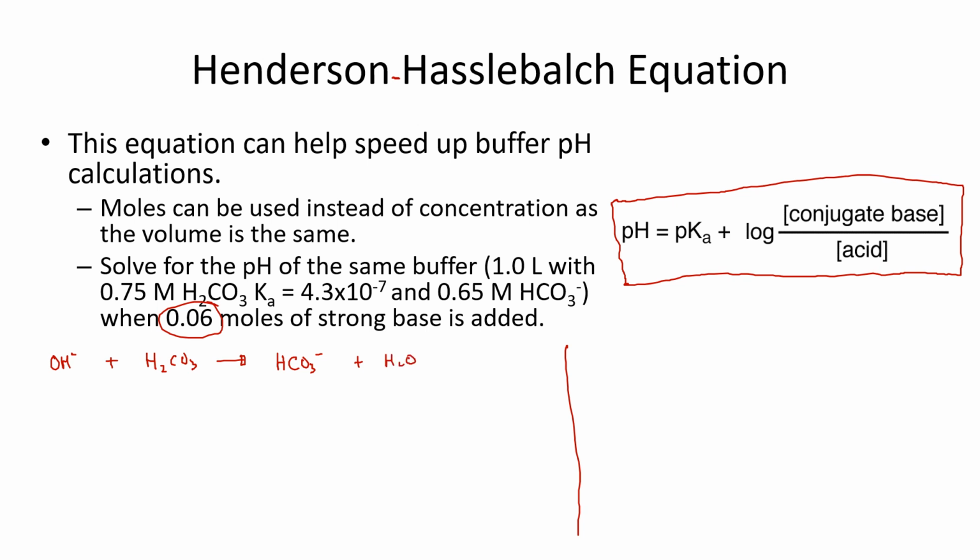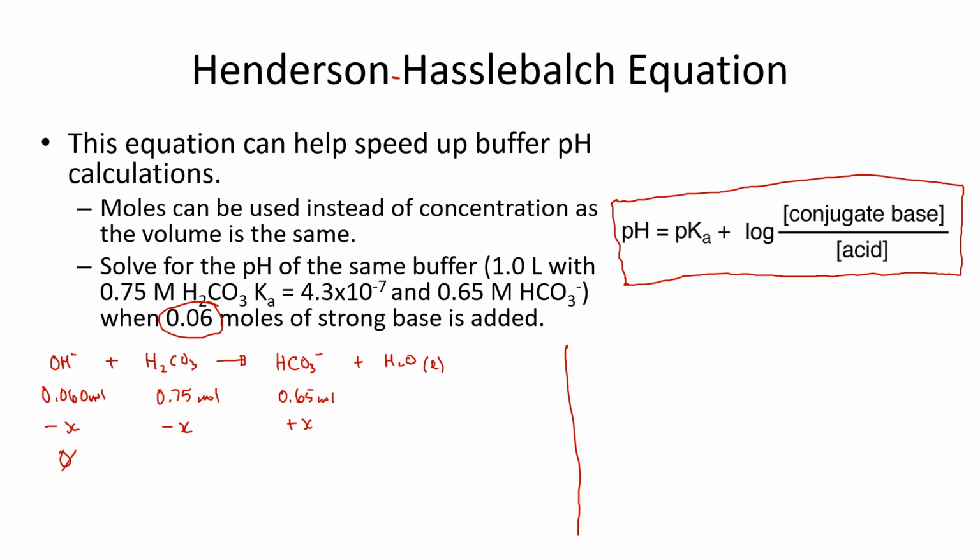And so what we're going to start with here is 0.06 moles of the base being added, and we had 0.75 moles of this acid and 0.65 moles of this conjugate base. And who cares about the water? It's a liquid anyways. So this is going to get all used up, and the same amount is going to get used up for the acid, and an equal amount being produced for the conjugate base. And so you're going to end up with this being 0, of course.